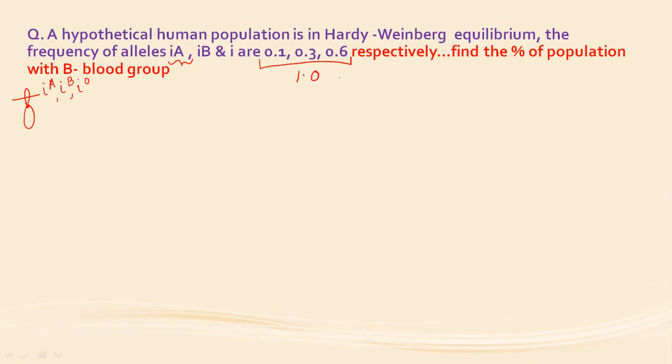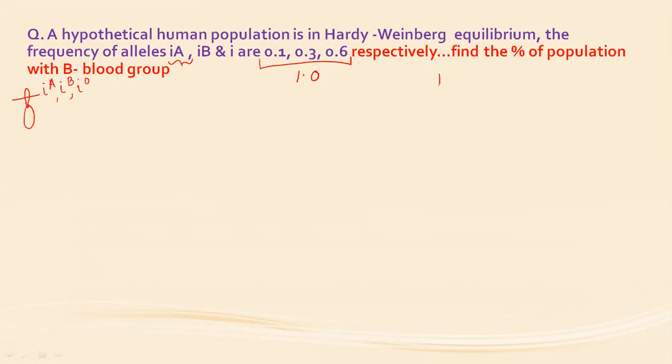As we all know, we have studied a lot about the Hardy-Weinberg principle and the maintenance of equilibrium. If a particular population is in Hardy-Weinberg equilibrium, there is no chance of evolution. If you disrupt this equilibrium, there is a chance of evolution by genetic drift or mutation; there are so many possible reasons.